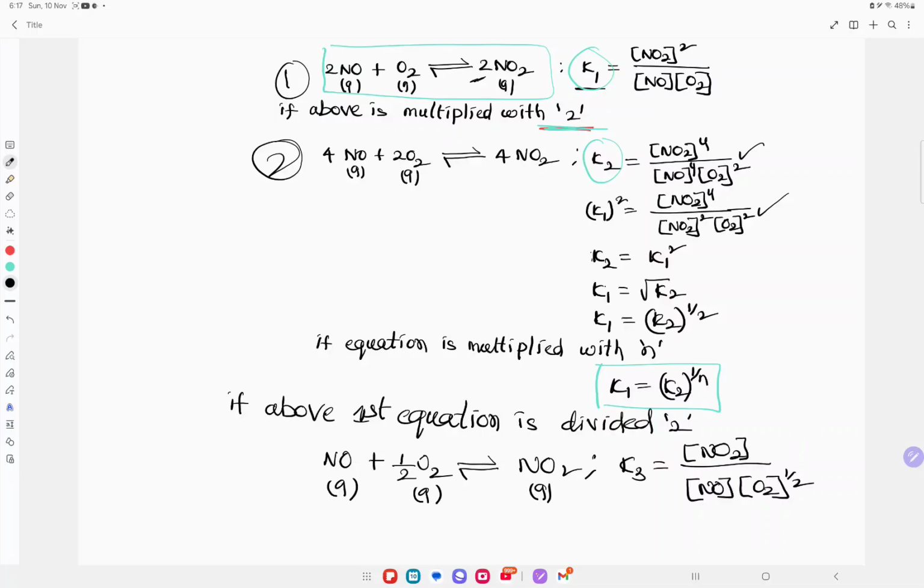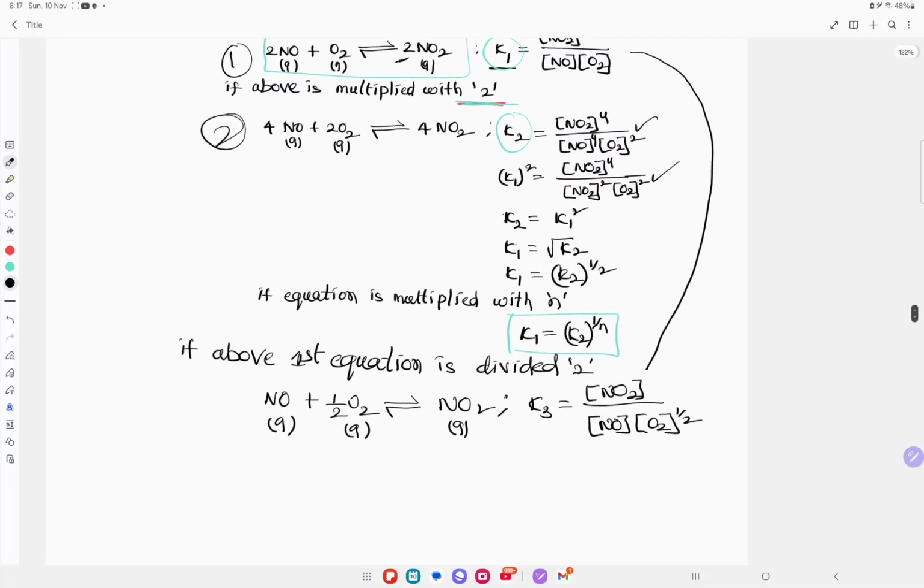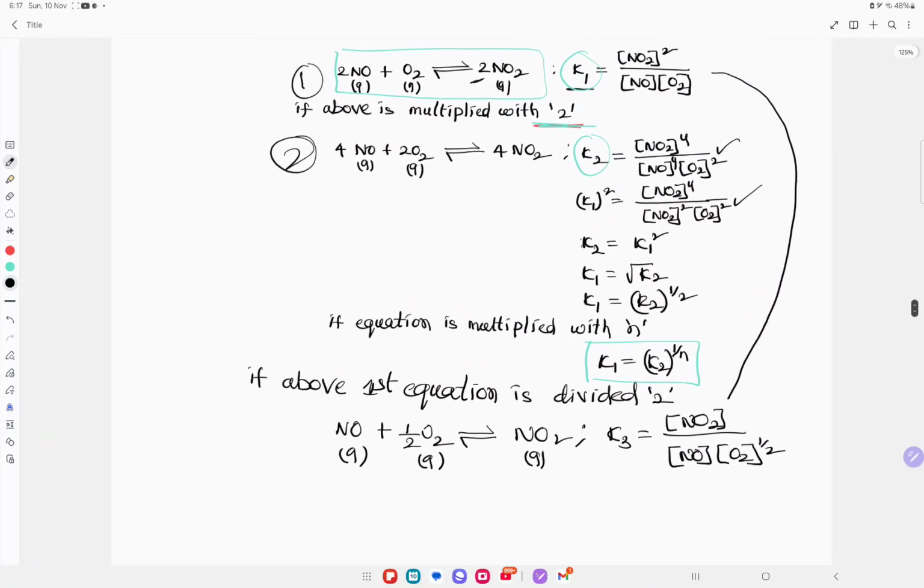Now what is the relation between K1 and K3? In the previous case, what we have done? Relation between K1 and K2. Now relation between K1 and K3. How do we get K1? If you write K3 square is equal to what?